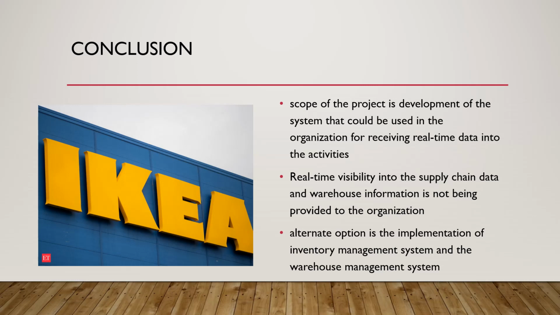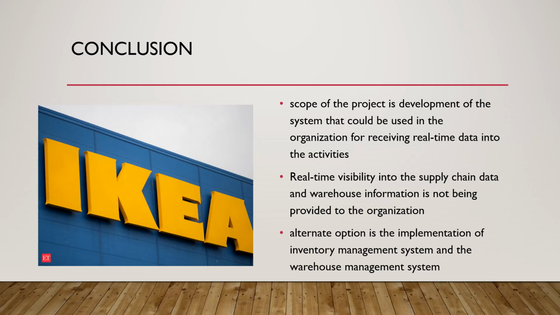Therefore, in conclusion, the scope of the project is to develop a system that provides real-time visibility into supply chain data and warehouse information to the organization. It has been identified that the current system does not provide this level of visibility, which is negatively impacting the organization's efficiency.